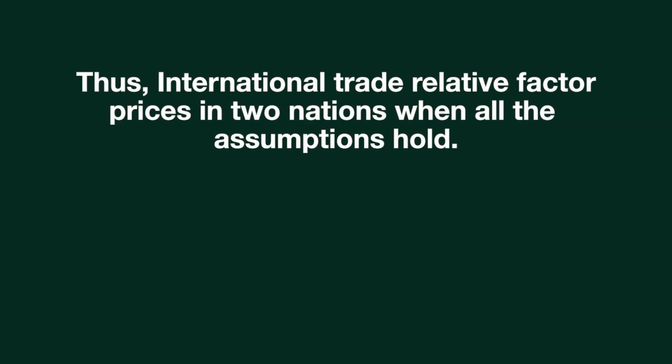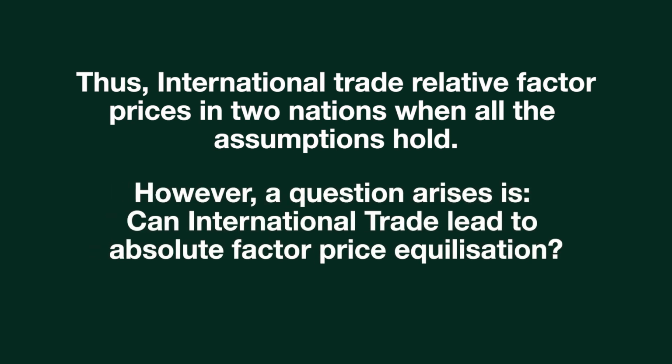Thus, given our assumptions, international trade leads to equalization of relative prices of commodities as well as factor prices. But now a question arises: can international trade lead to an absolute factor price equalization? This we can explain with the help of the Euler theorem.